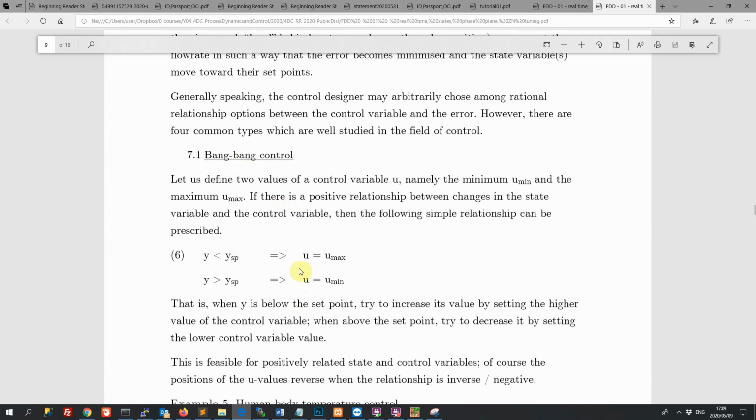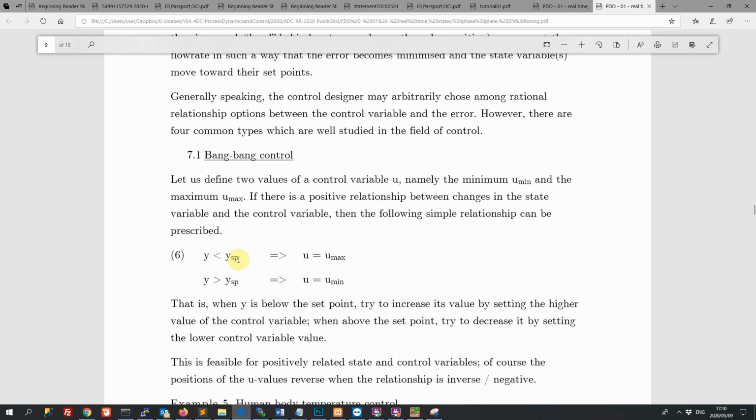And so that's when you have a control actor that can only vary between two states. For example, open and closed. So open is like a maximum flow rate, and closed is the minimum flow rate. And this is slightly more general, right? Instead of just saying open and closed, there's some maximum value and there's some minimum value.